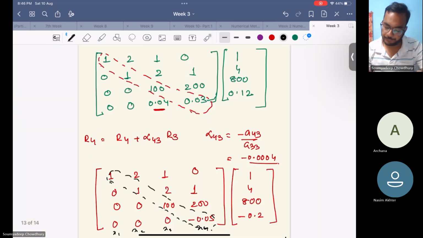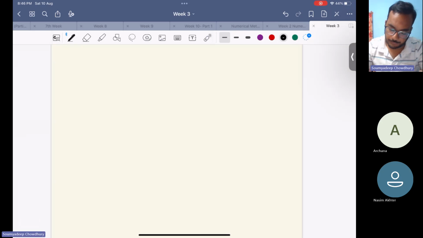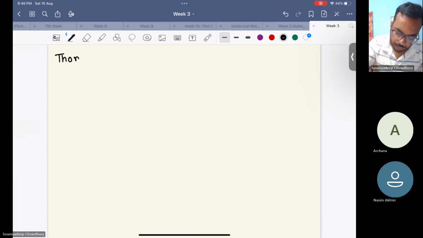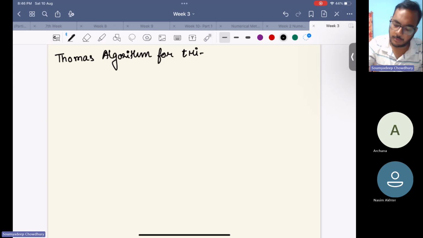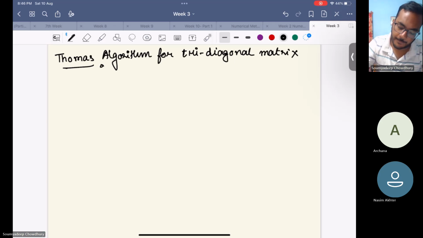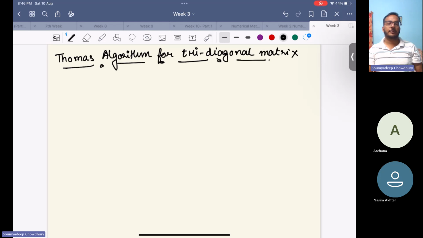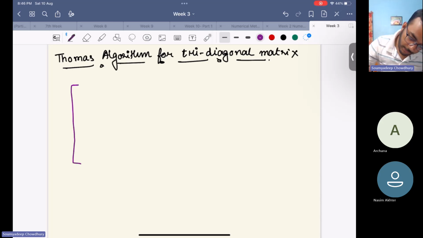Thomas algorithm for tridiagonal matrix. So does anyone of you have an idea what a tridiagonal matrix is? No idea. Okay. So I'll give you an example and then you'll understand what a tridiagonal matrix is.